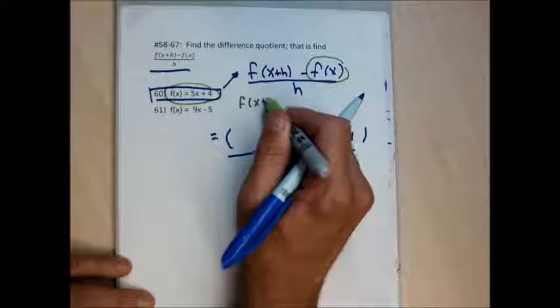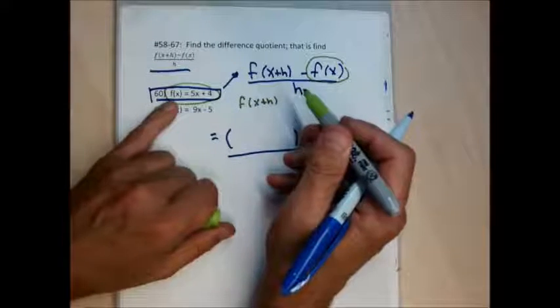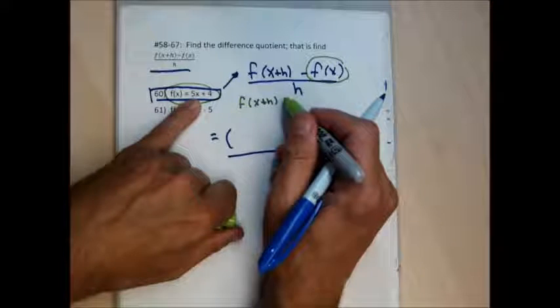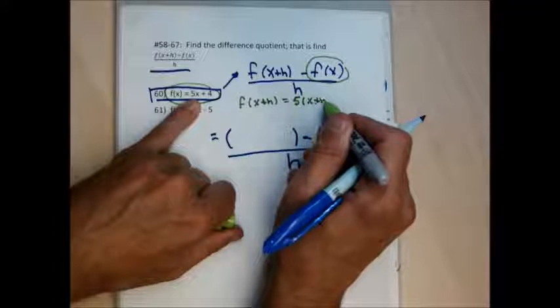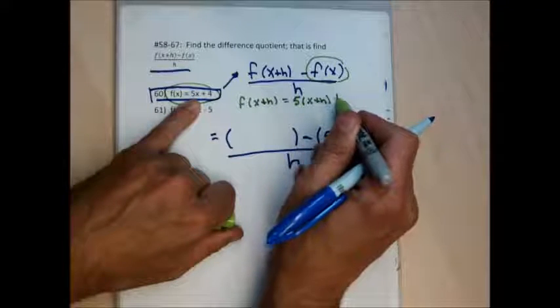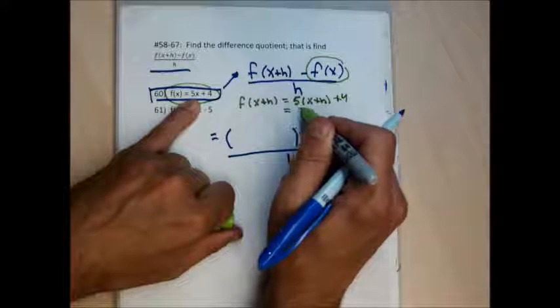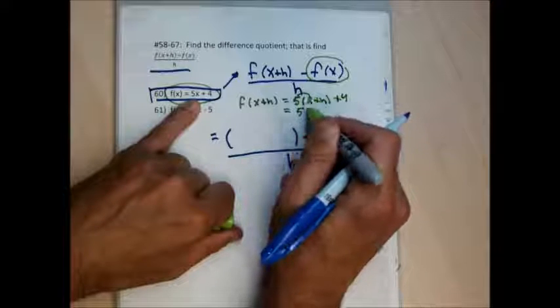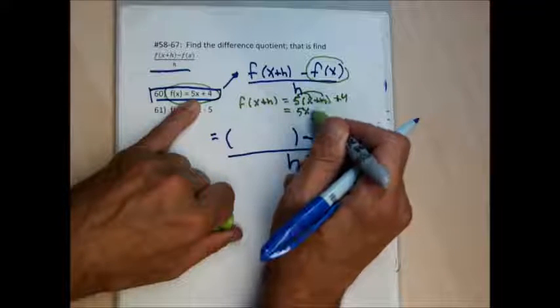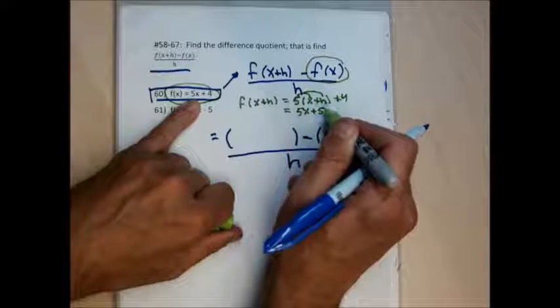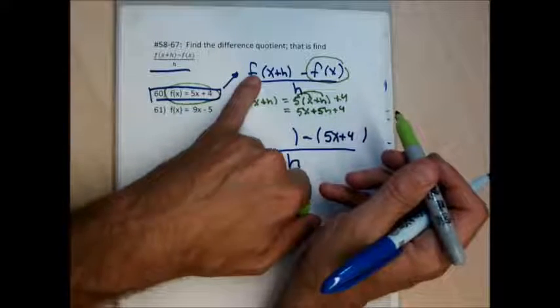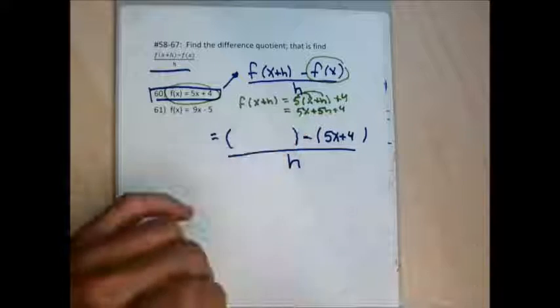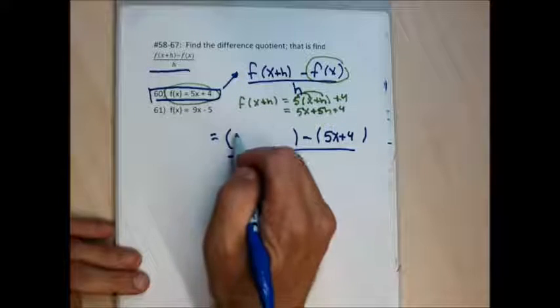And to figure out what to replace f of x plus h with, I'm going to change the x in the f function to x plus h. So that would give me 5 times x plus h plus 4. That's going to be 5 times x, which is 5x, plus 5 times h, which is plus 5h, and then plus 4. So in the f of x plus h parentheses, I'm going to put 5x plus 5h plus 4.